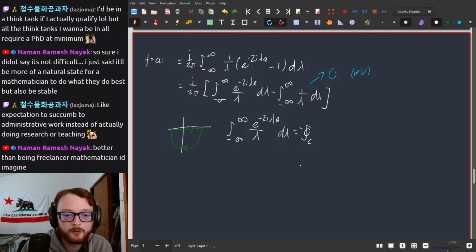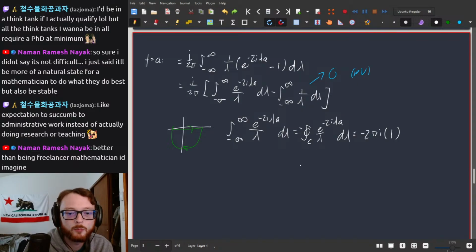Negative integral C is equal to negative 2 pi I times the residue of that at 0. Is that just 1? So that means if we plug it in up here, we would get 1. No, we wouldn't.